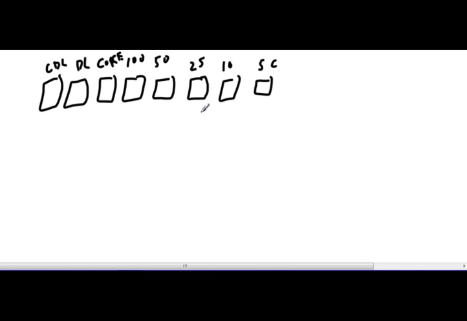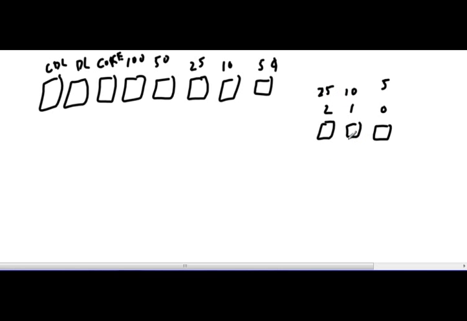This is money, and that's not money. And when I give the money, I'm going to have the money using bits 0, 1, and 2. And I'm going to give 5 cents or 10 cents or 25 cents when I give change.